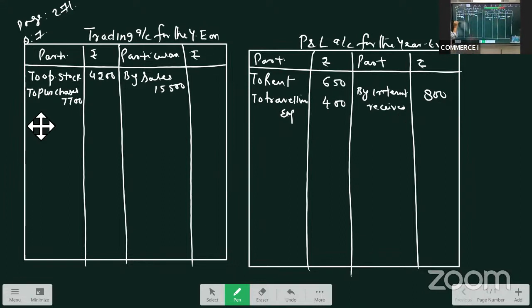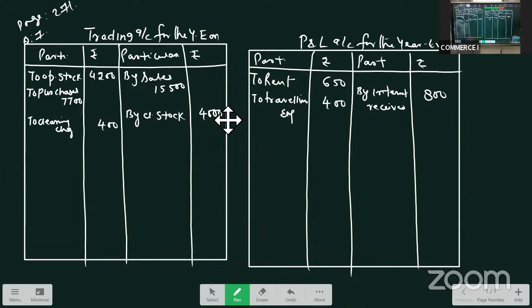Clearing charges are a direct expense we take in the trading account. Clearing charges are given as 400. Then we have closing stock. Closing stock will appear on the credit side of trading account, and the amount given is 4,000.